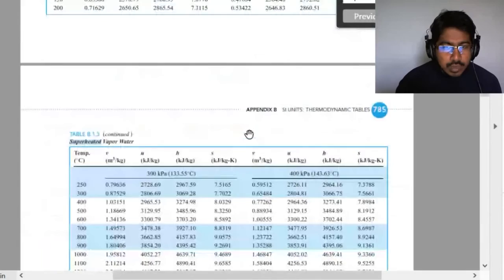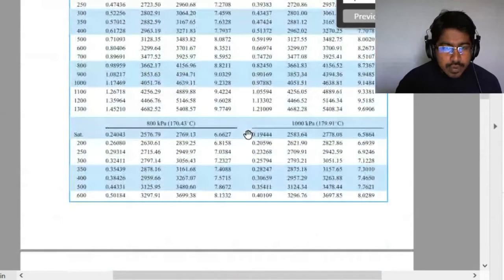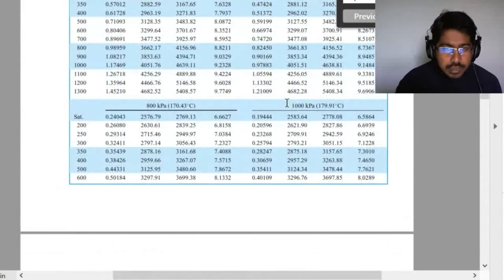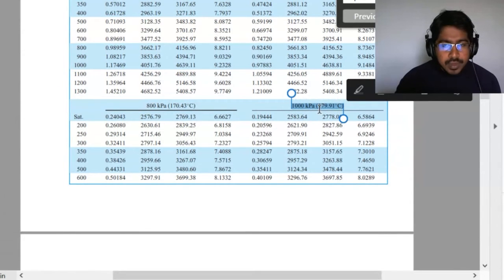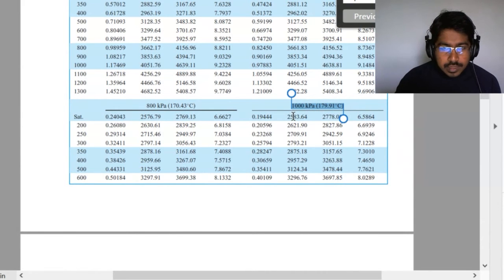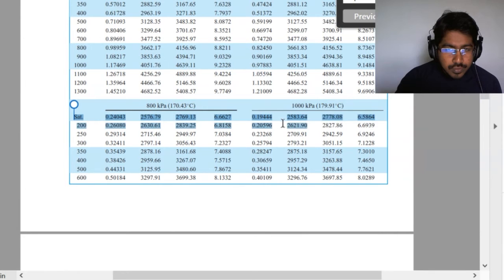We go down, and further down, and then we find 1000 kilopascal, right? And then we need to locate our temperature, 190. In this table, saturation conditions are given in the first line.